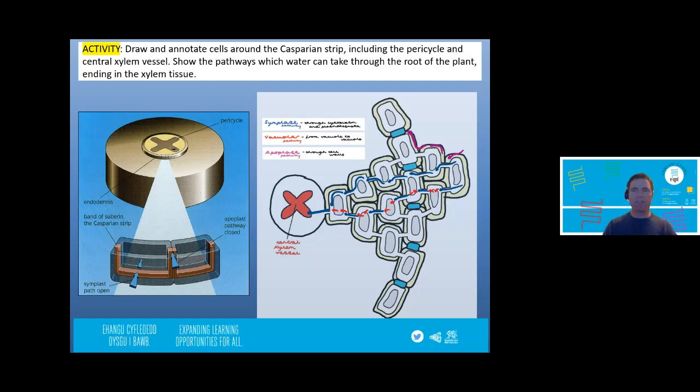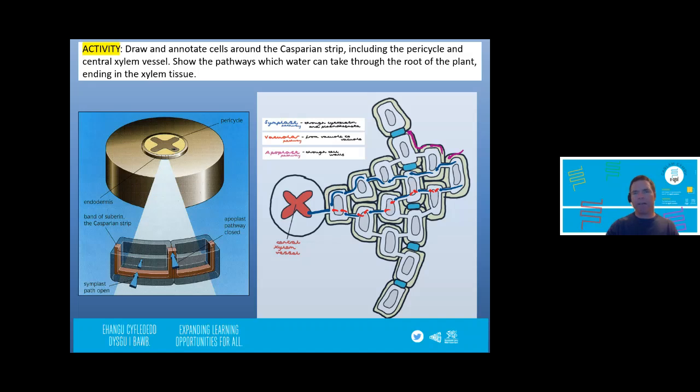However, and this is the most troublesome part of the water transport into xylem, when they reach the endodermis, if you remember, the outer layer of cells of the stele, they come across this thing denoted in blue here, which is called the Casparian strip.